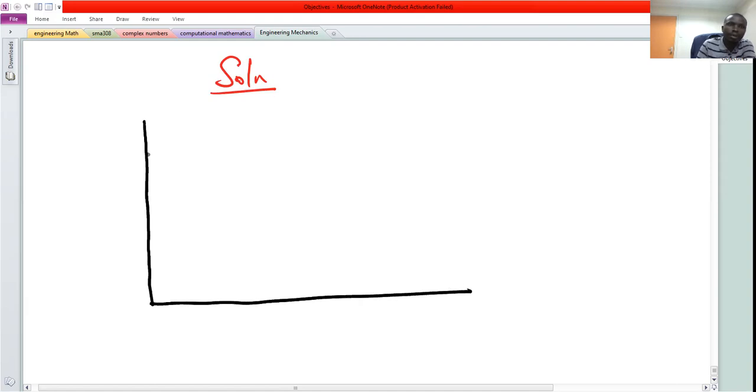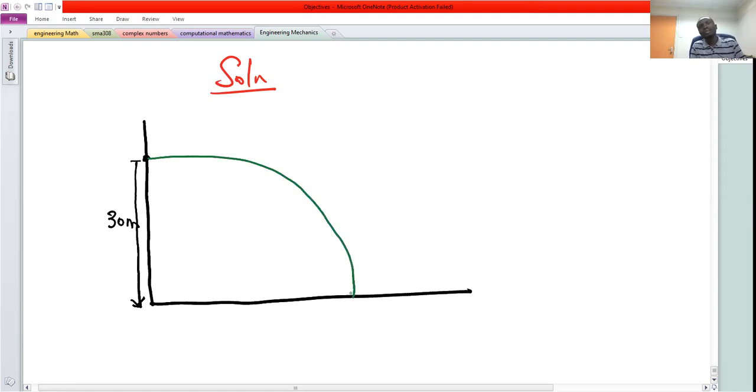Assume this is where we have the distance of 30 meters. When you throw a ball horizontally from this point, this will be the trajectory of motion. Roughly this is how the ball will move.